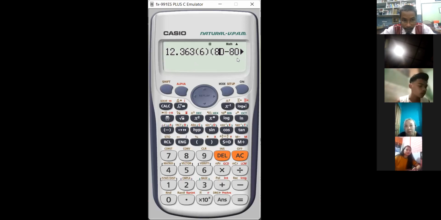What will happen? 80 minus 80 is 0. Any number multiplied by 0 is 0. That's why I immediately knew that the result would be 0. So 0 times what? 6.47.